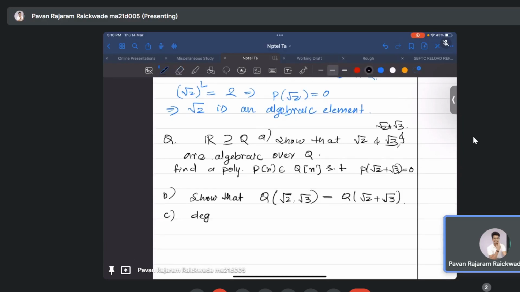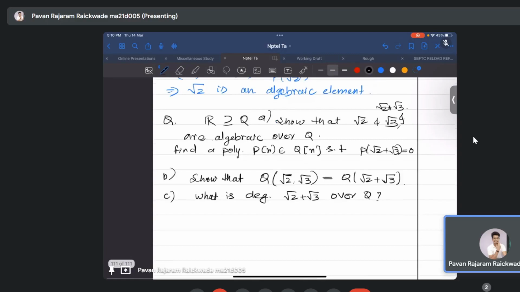Third question is, what is the degree of root 2 plus root 3 over Q? Okay, this means basically the degree of Q(root 2 plus root 3) as a vector space over Q. Dimensions. Answer.